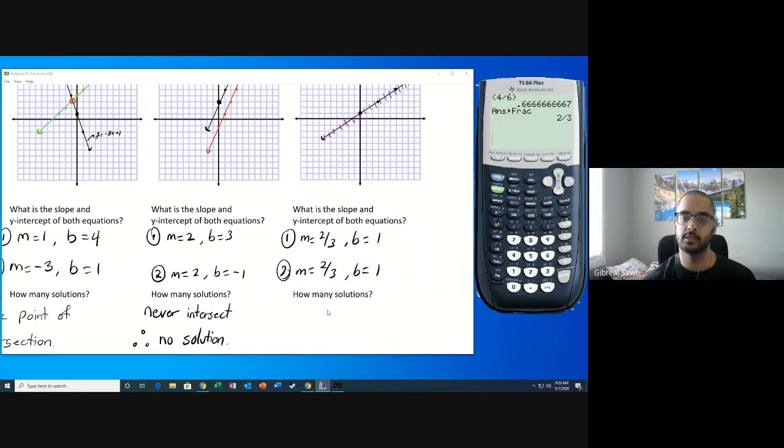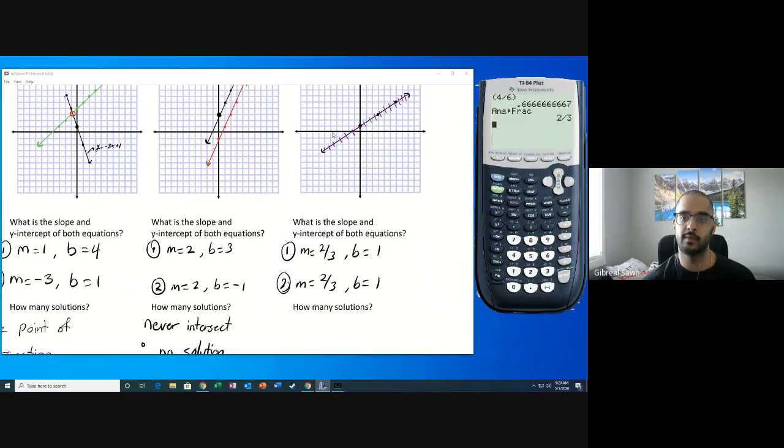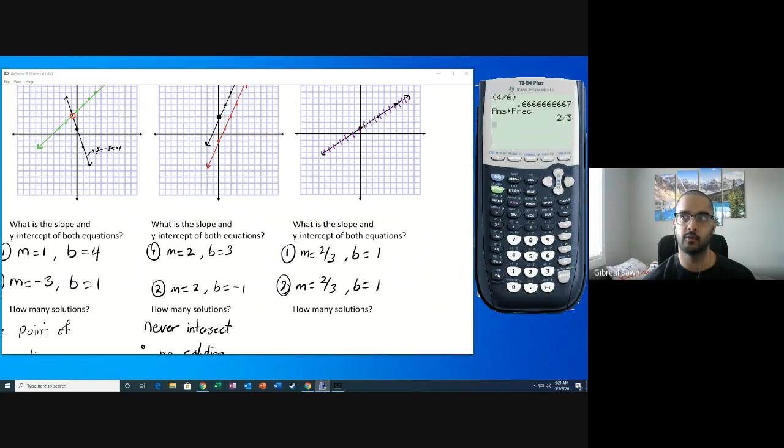How many solutions? Now, if we just said that every point on the black line is overlapped by every point on the purple line, I have to have more than one solution, because if those lines overlap, there's multiple places where x and y are the same. Now, if these are lines, those arrows indicate that that happens forever. It just keeps going.